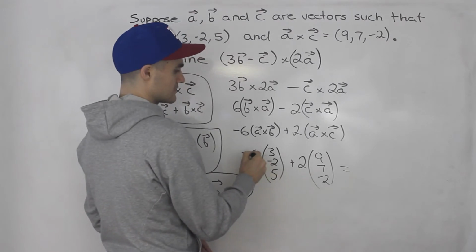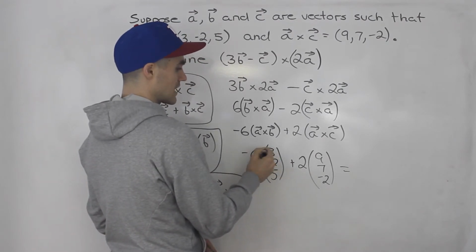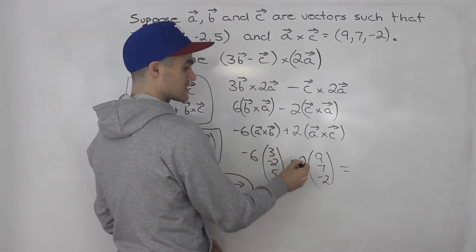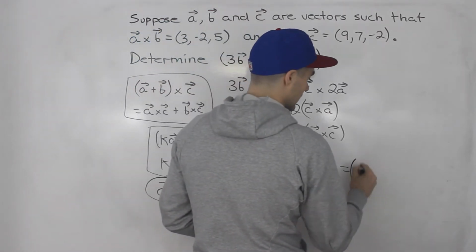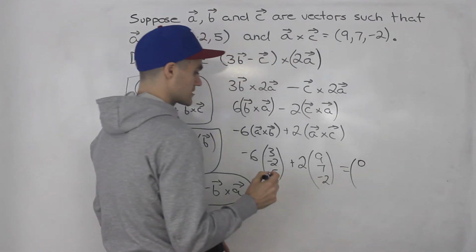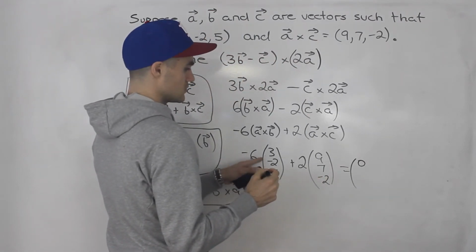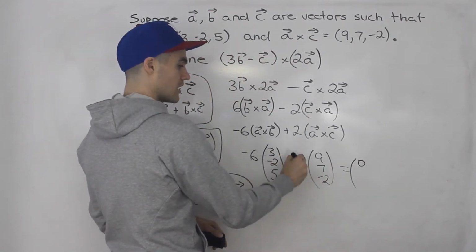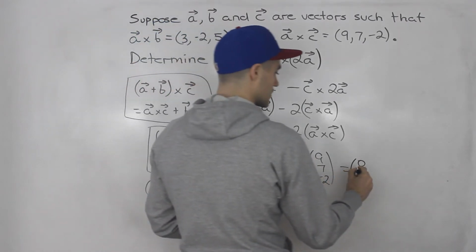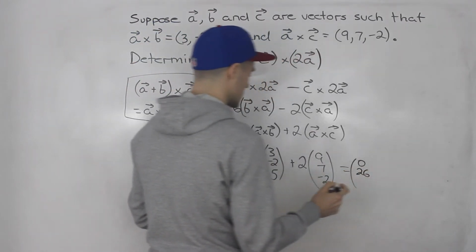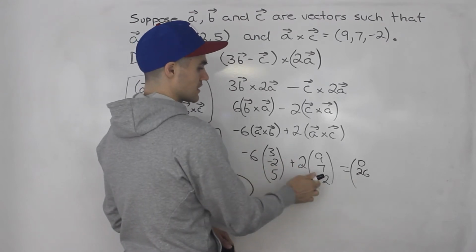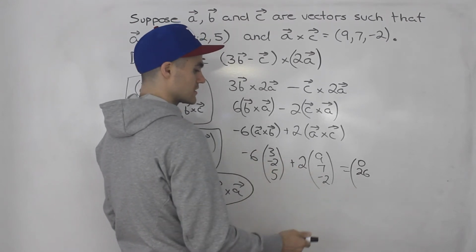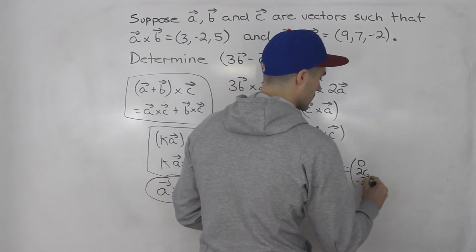We take negative 6 multiplied by 3, which is negative 18, plus 2 times 9, which is 18. So negative 18 plus 18 gives us 0 for the x component. Negative 6 times negative 2 is positive 12, plus 14 gives us 26. Then negative 6 times 5 is negative 30, and 2 times negative 2 is negative 4. So negative 30 plus negative 4 gives us negative 34.